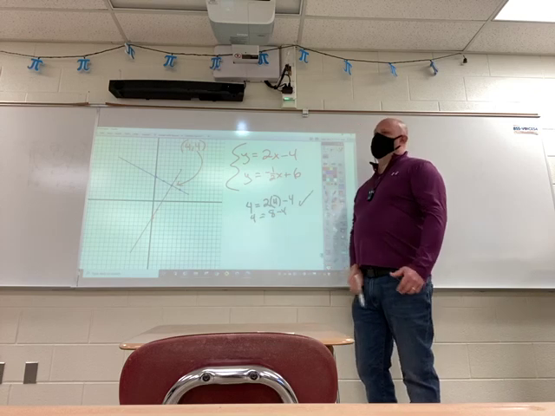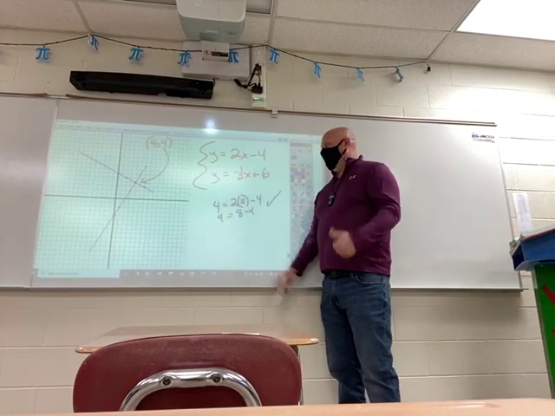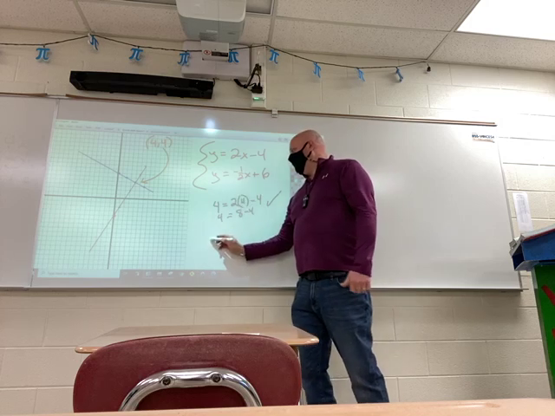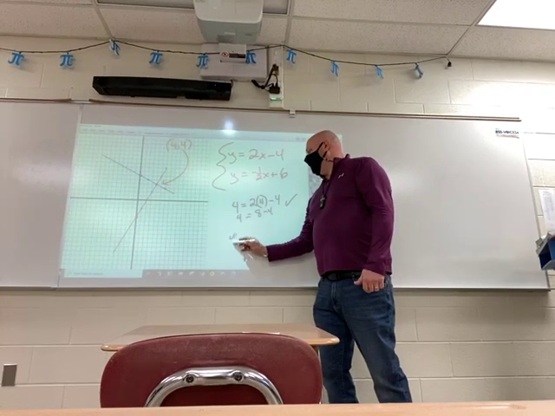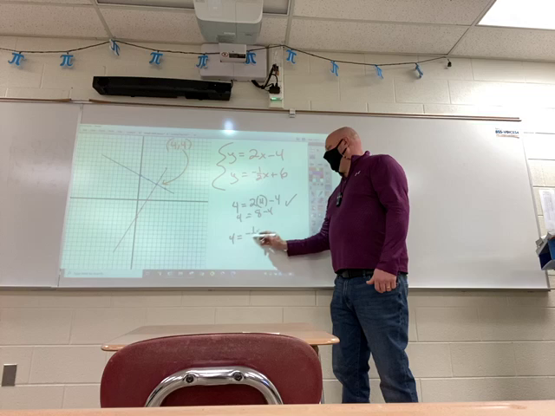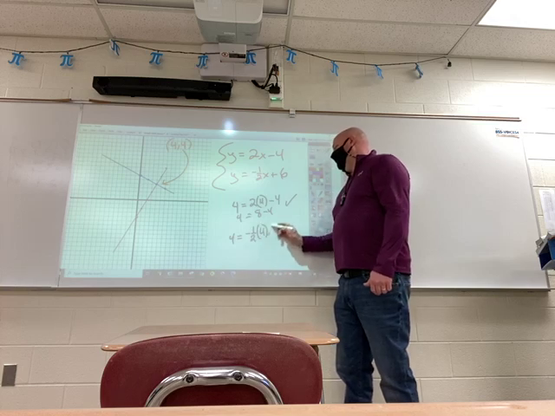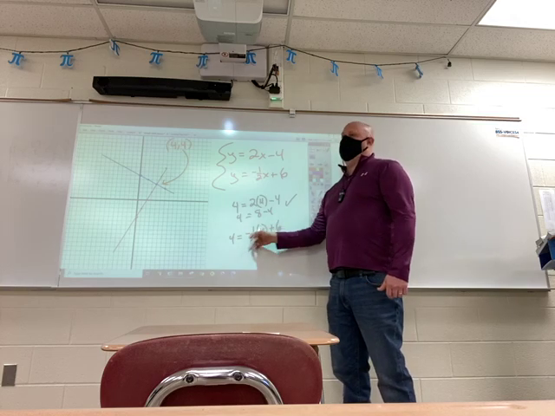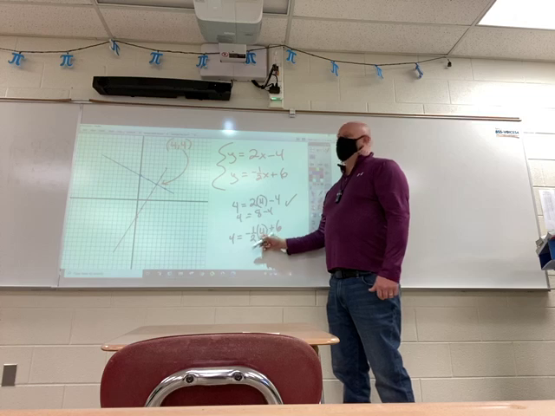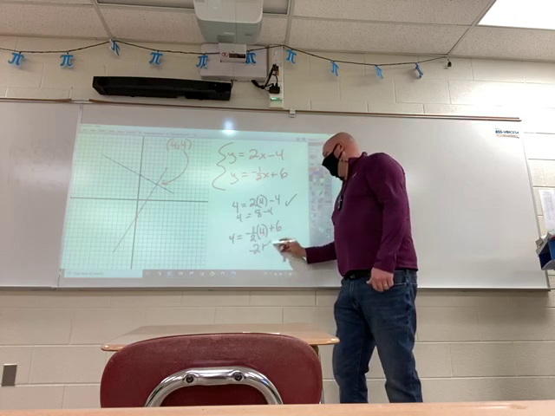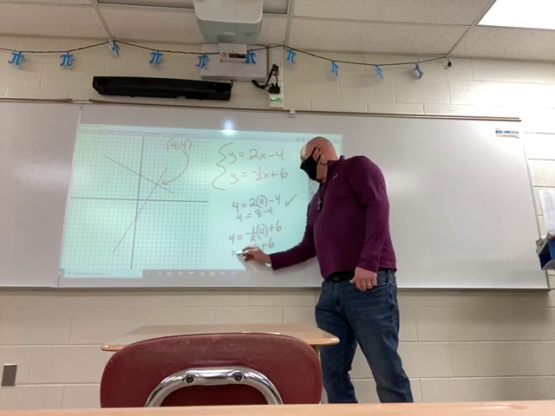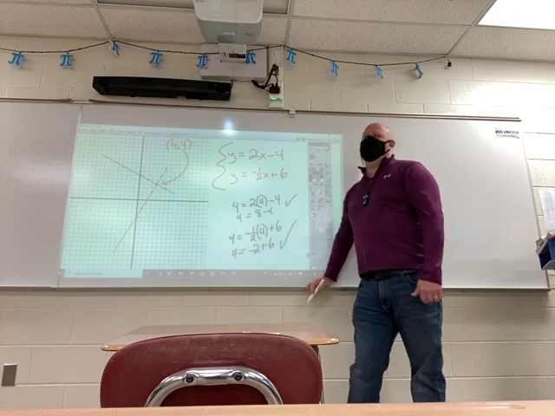So it works in that one. And then should work in this one. So does 4 equal negative 1/2 times 4 plus 6? Well, negative 1/2 times 4 would be negative 2. Negative 2 plus 6, last time I checked, equals 4.